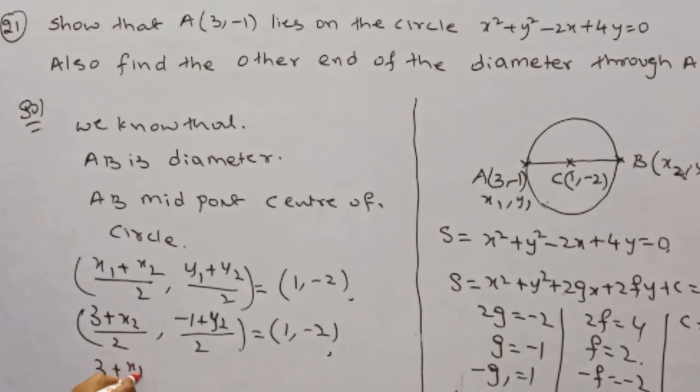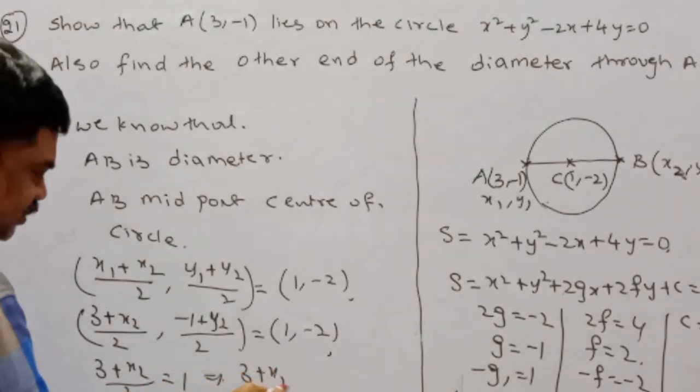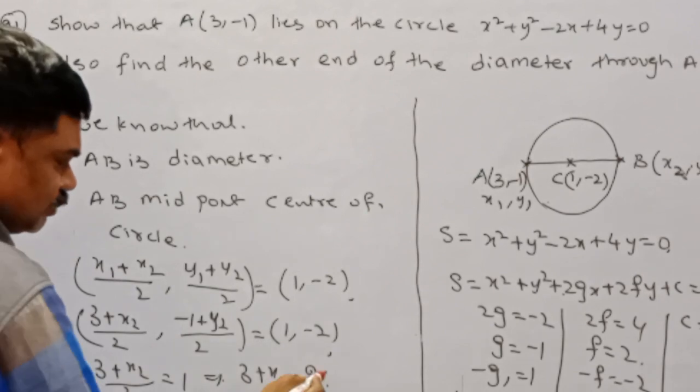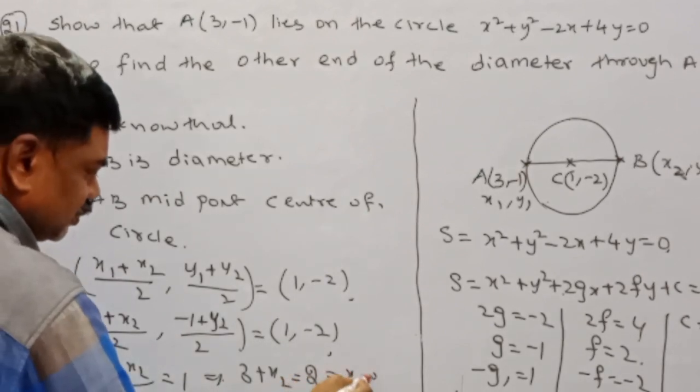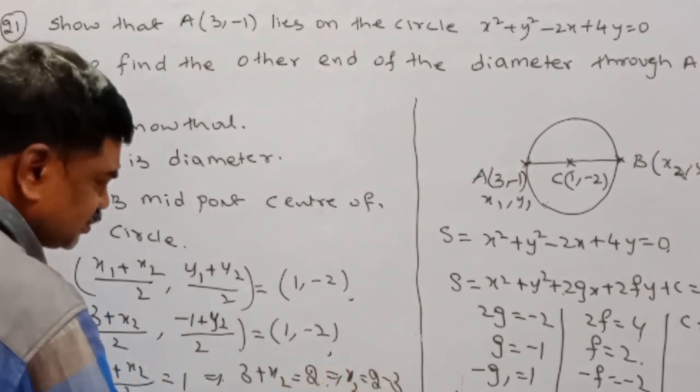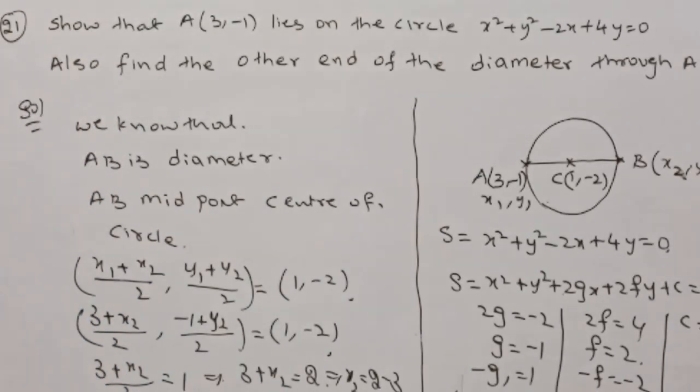So 3 plus x2 by 2 is equal to 1, which implies 3 plus x2 is equal to 2, which implies x2 is equal to 2 minus 3, x2 is equal to minus 1.